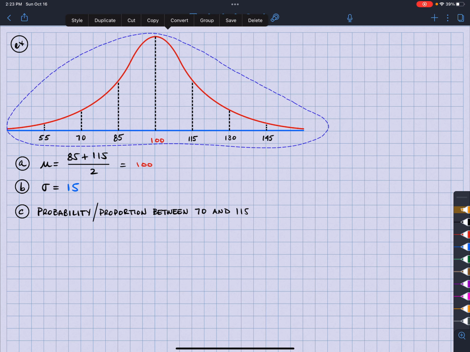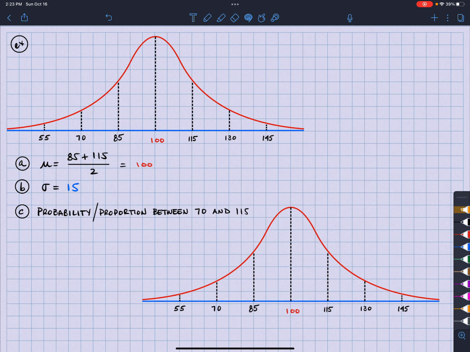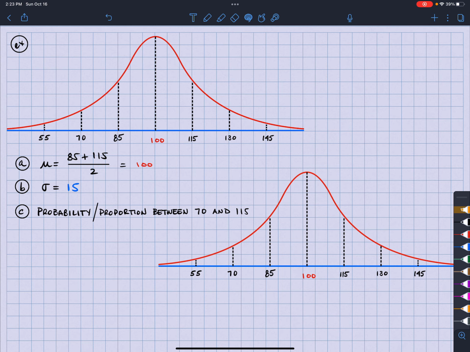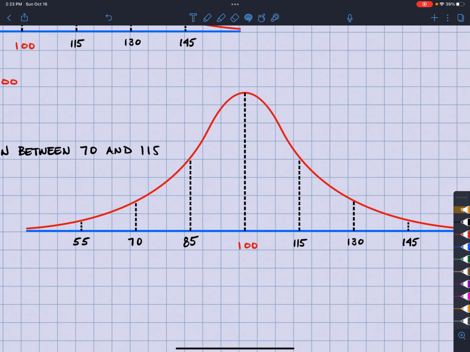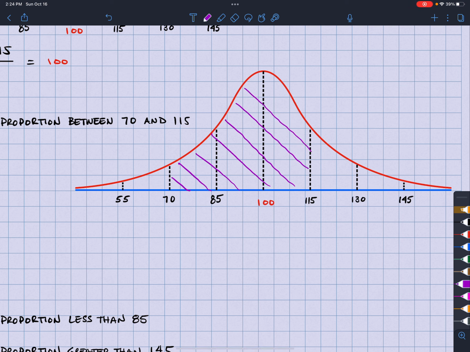All right, so this wants 70 and 115. So if I look at 70 to 115, I'm looking at this area right there.